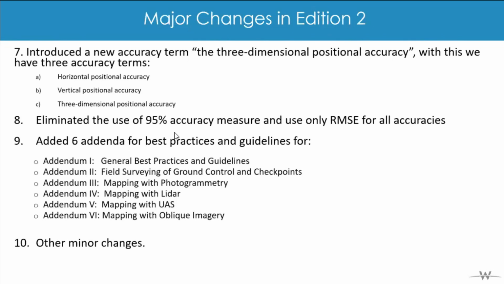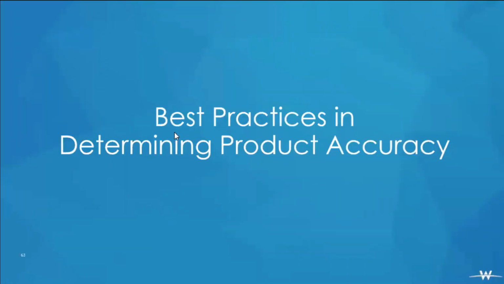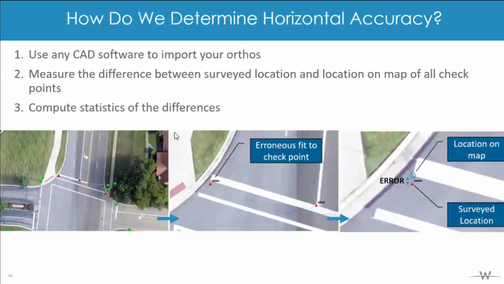And we added great addenda, 6 addenda really, a good source for the industry on this topic. Best practices, how do I do it? It's very simple. You have CAD software, ArcGIS Pro, MicroStation, AutoCAD.